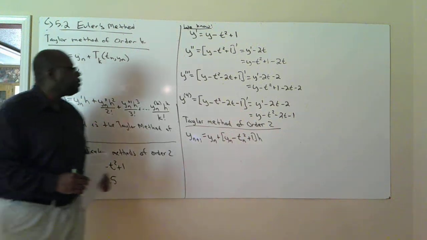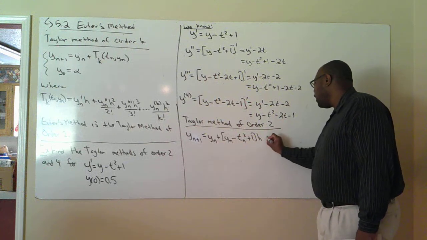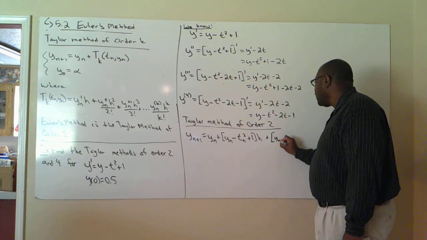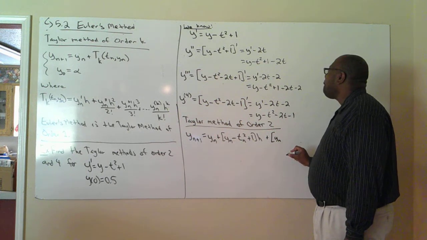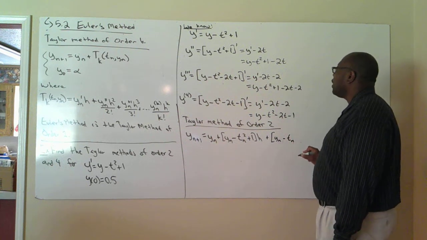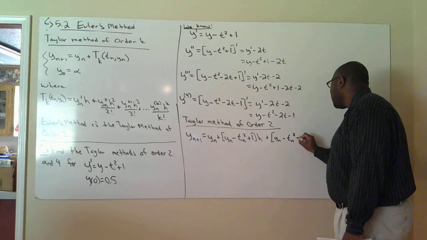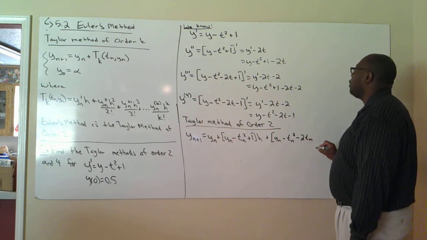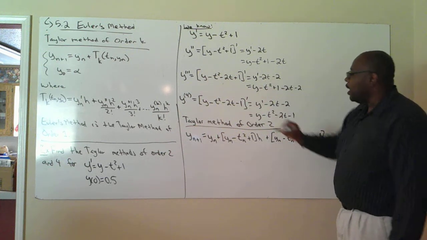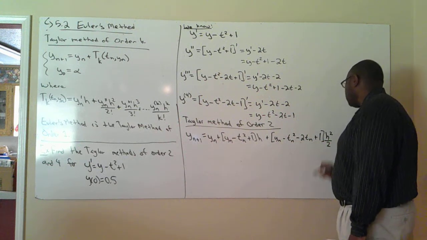Then we want the second derivative, y sub n double prime, plus, we have, in brackets again, y sub n minus t sub n squared, minus 2t sub n plus 1. Okay. And then that'd be times h squared, all that divided by 2.